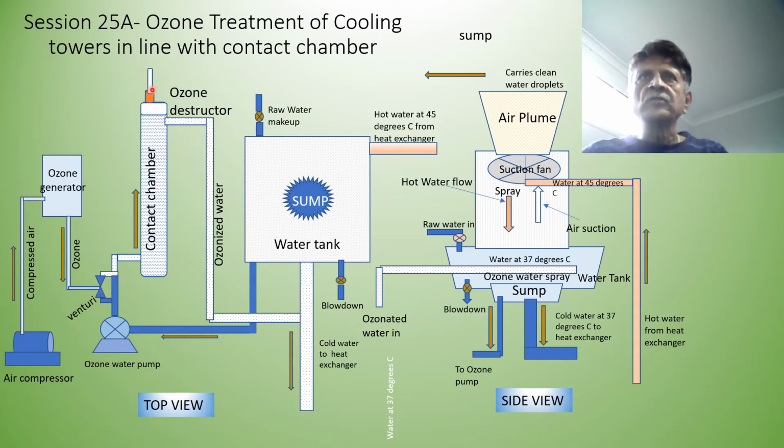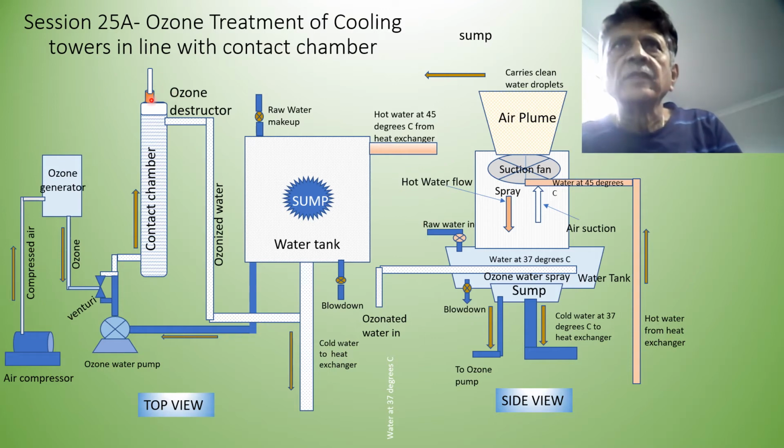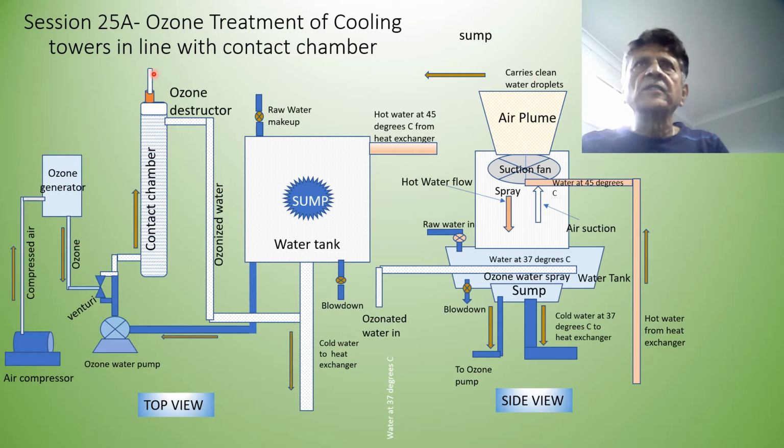You may have an ozone destructor so that we don't get ozone seepage into the atmosphere, and the ozonated water goes back into the tank, and from there it goes straight to the heat exchanger or the rest of the circulation system.